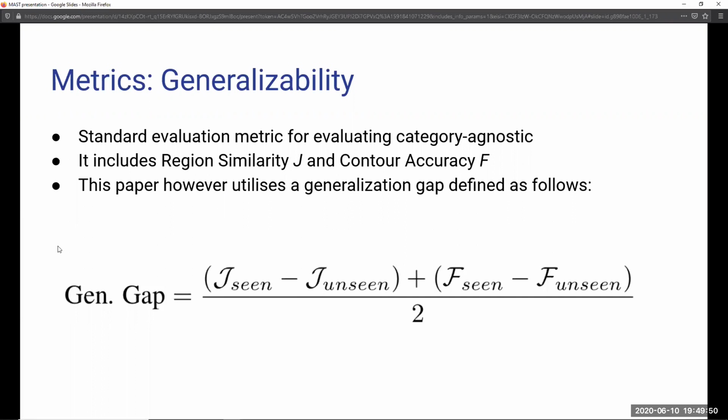Using this, they show how it actually generalizes well on these unseen categories. Also, of course, seen category performance outperforms the unseen ones. But they also did it in a way that if unseen category performance is higher, then it gets rewarded.